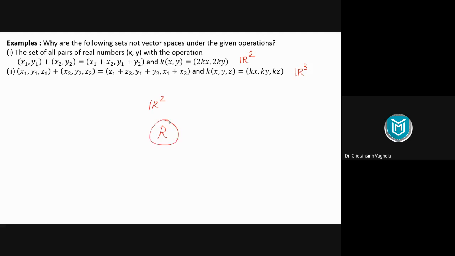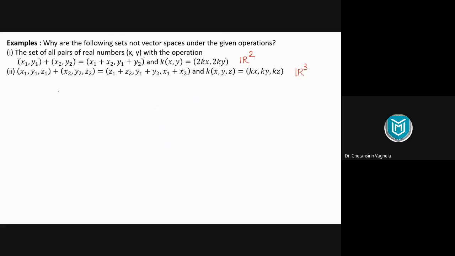Obviously R is only one letter, how many places will we use it? So for vectors R2 and R3, the standard way of representing this set is this one. We are taking an extra line here just to make it different from other notations. That's the only reason, nothing else. So here we are dealing with set R2 and R3.